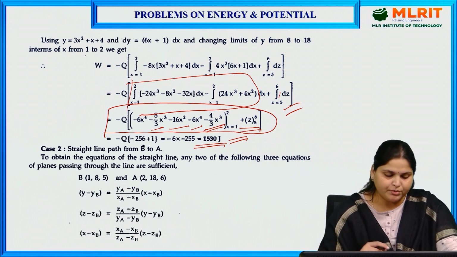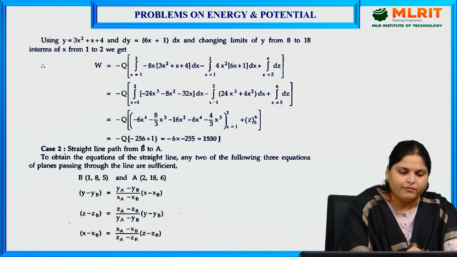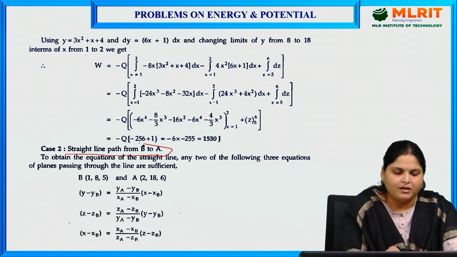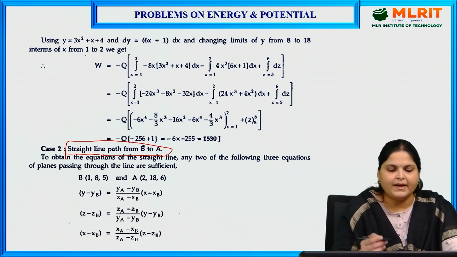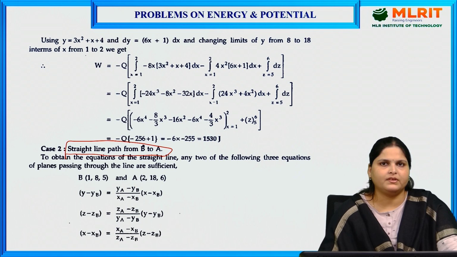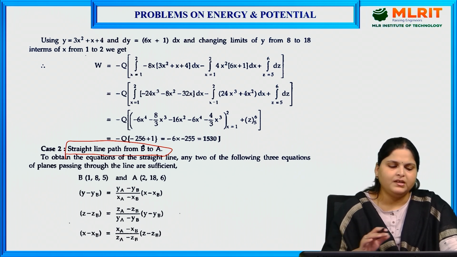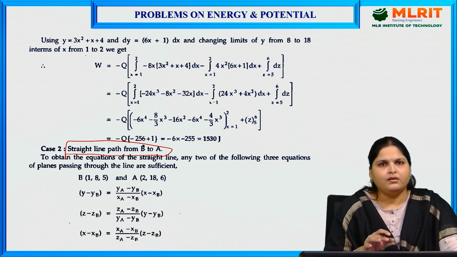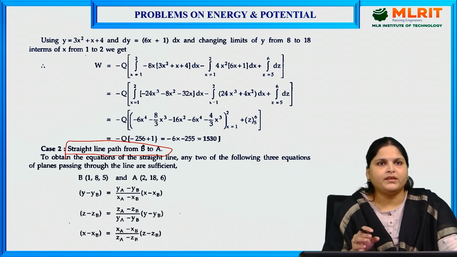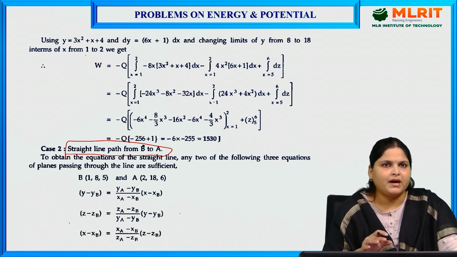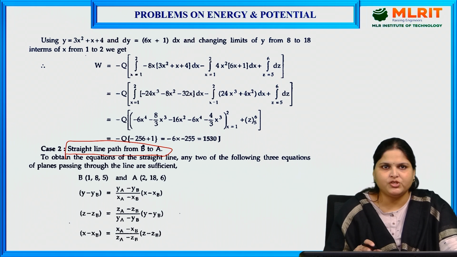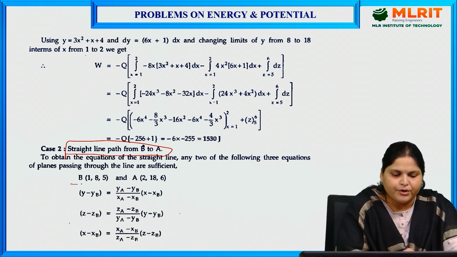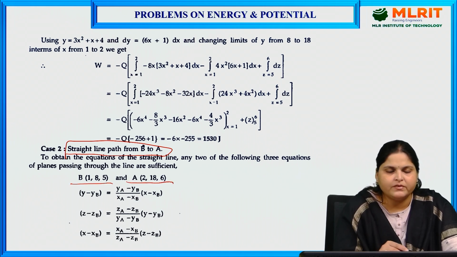Now we are going to take the second case where the path is a straight line from B to A. Now to obtain the equation for the straight line, any two of the following three equations of planes passing through the lines will be sufficient. We are going to use the coordinates which are given in the question.